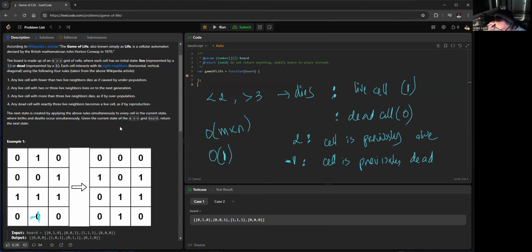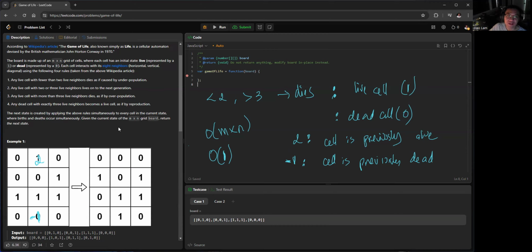Similarly, let's see if it has less than 2 neighbors. Let's look at the one right here. Because it has less than 2 live neighbors, it only has 1 here, it will become 0 in the next state. So instead of writing 0, we can write 2 to indicate that the cell was previously a live cell.